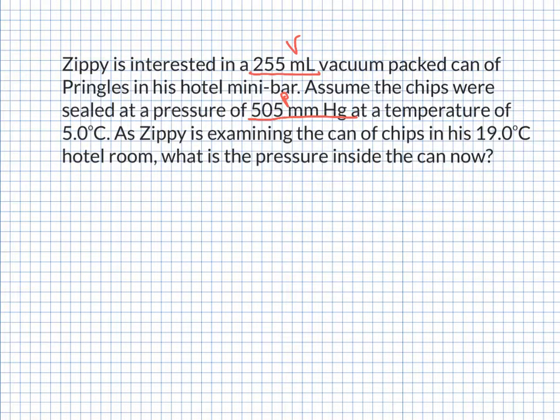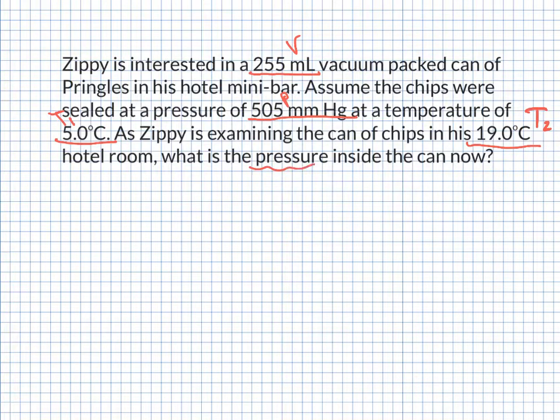That's a pressure. At a temperature of 5 degrees Celsius. That's a temperature. As Zippy is examining the can of chips in his 19 degrees Celsius hotel room, that is a new temperature. So now I can label that as T2 and this 5 degrees as T1.